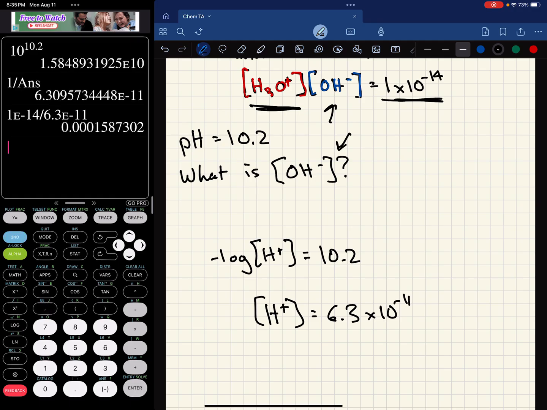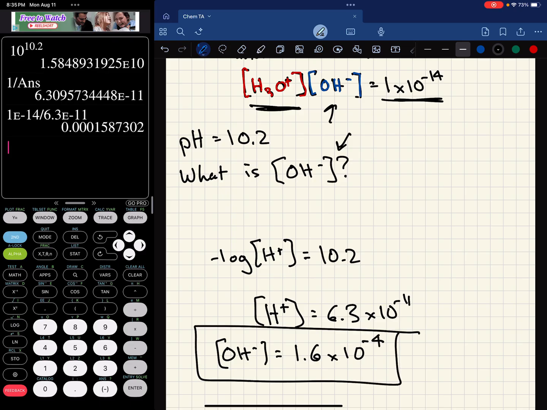And it gives me that OH minus is 1.6 times 10 to the negative 4. There is my OH minus concentration, or my hydroxide concentration, if you remember your polyatomic ions. Sweet. So hopefully this seems pretty simple.